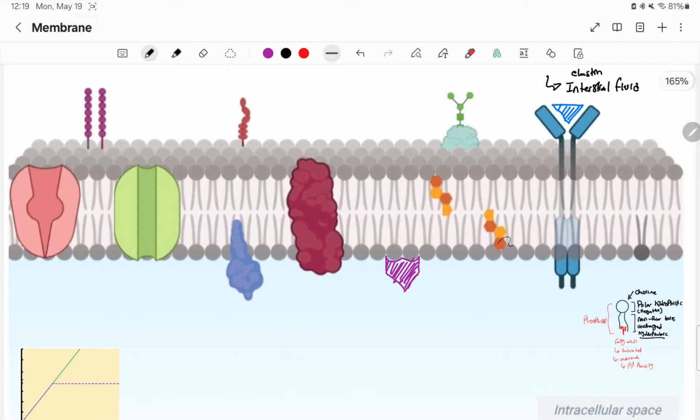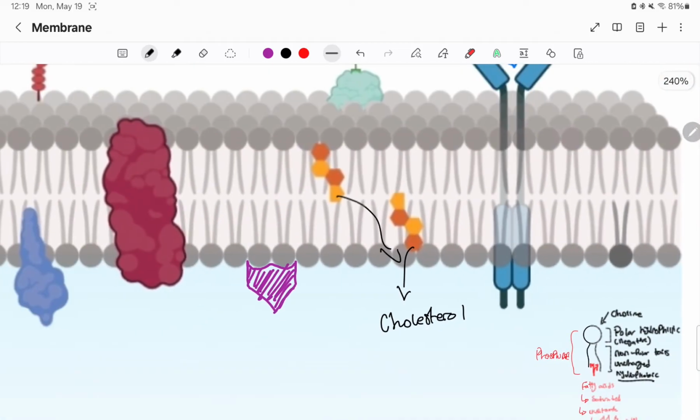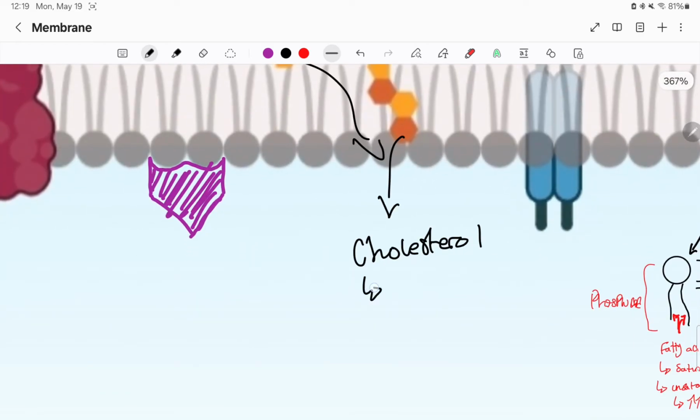The next thing that we can see is this molecule over here, and this, guys, is cholesterol. Okay, so both this guy and that guy, they're both cholesterol. And cholesterol is intercalated in between these little phospholipids here, and its presence also contributes to membrane fluidity, okay? Whereas if you have high amounts of it, it can actually lower the fluidity of the membrane, and this makes sense.